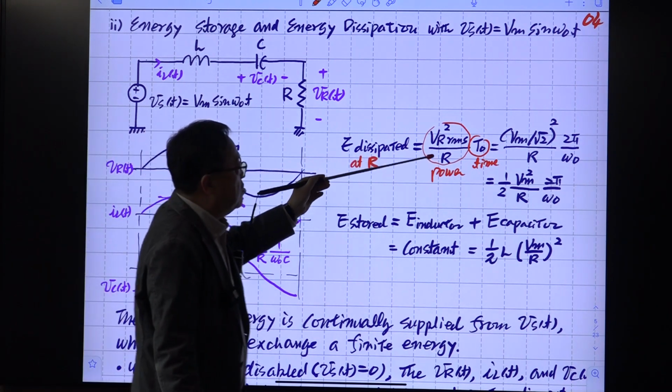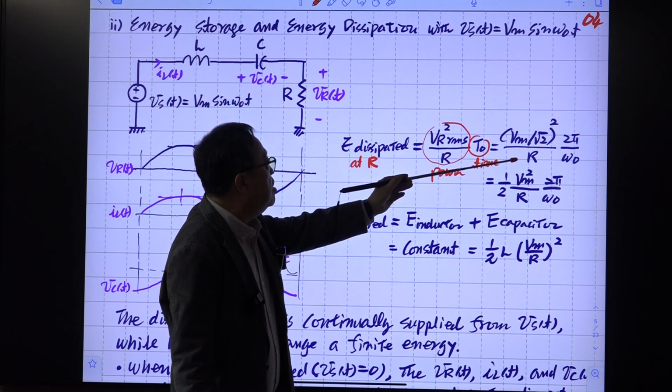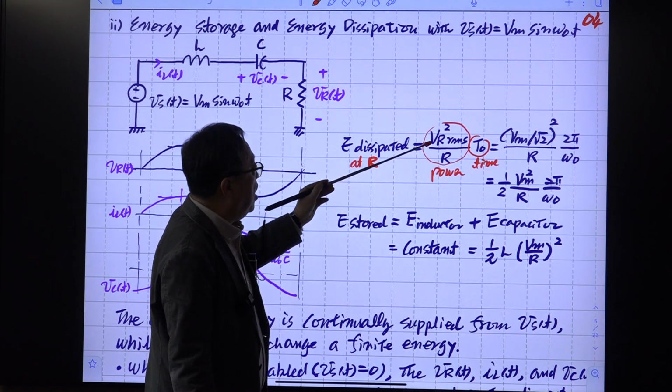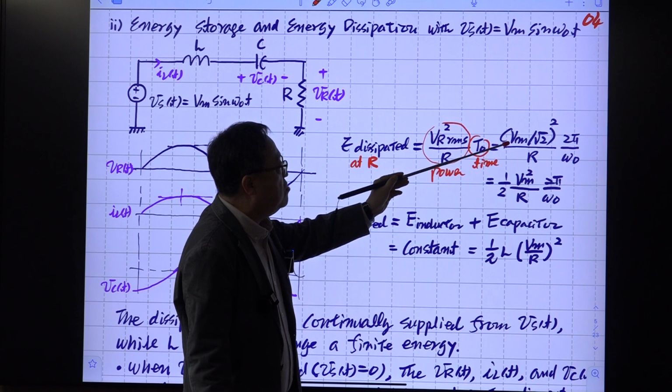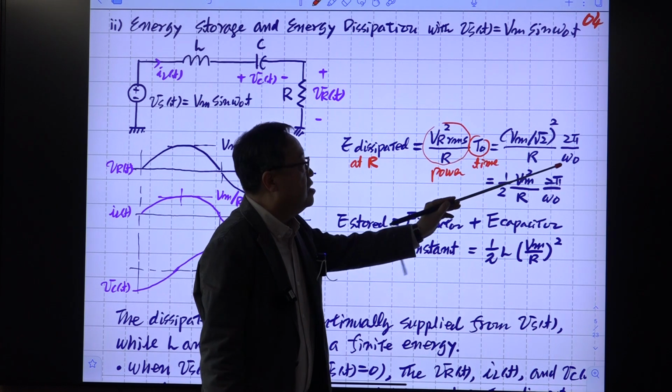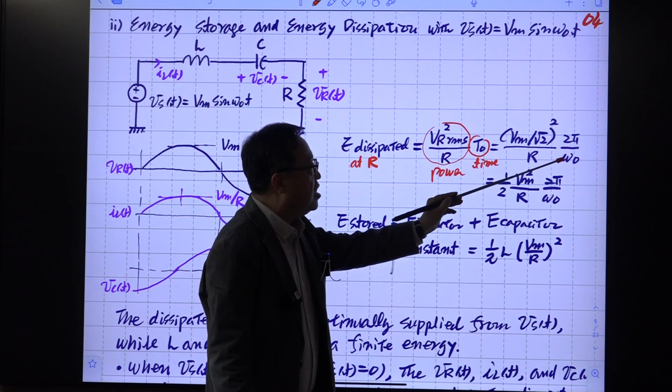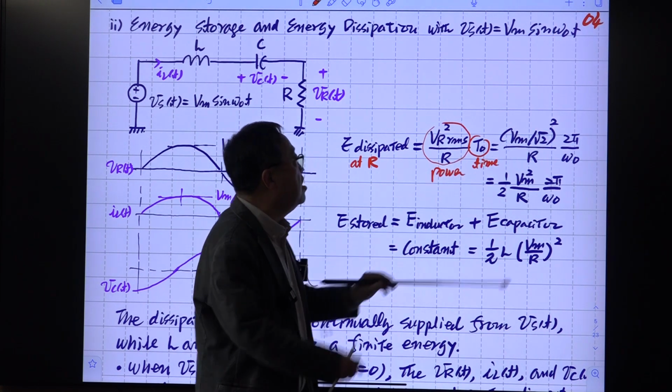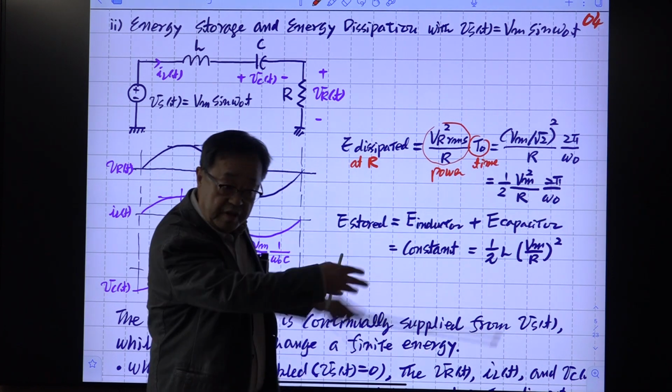This is the expression for the power via RMS, which is the peak value divided by square root of 2, squared, times R, and T has this relationship with omega naught. So we have this power dissipation in the circuit.